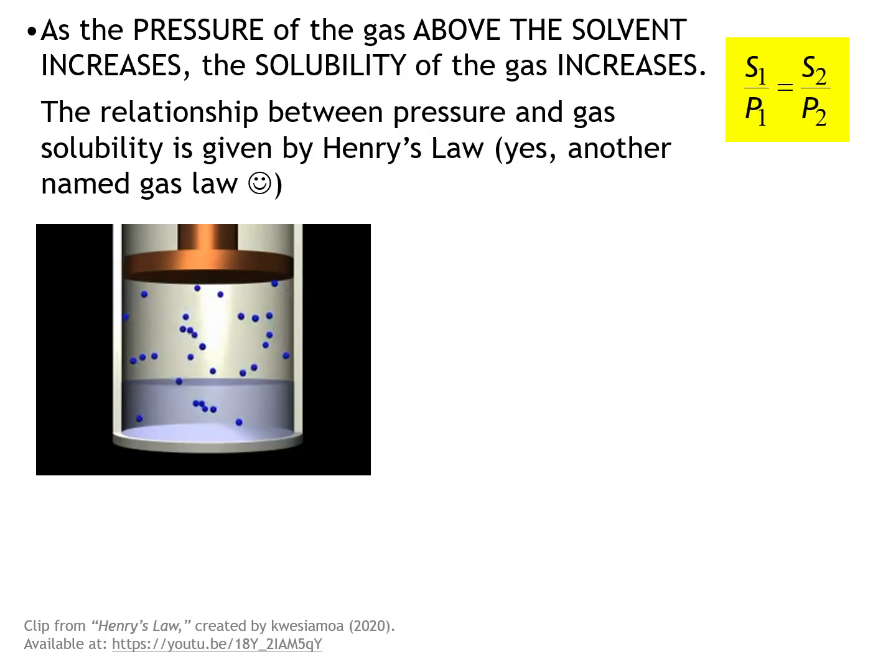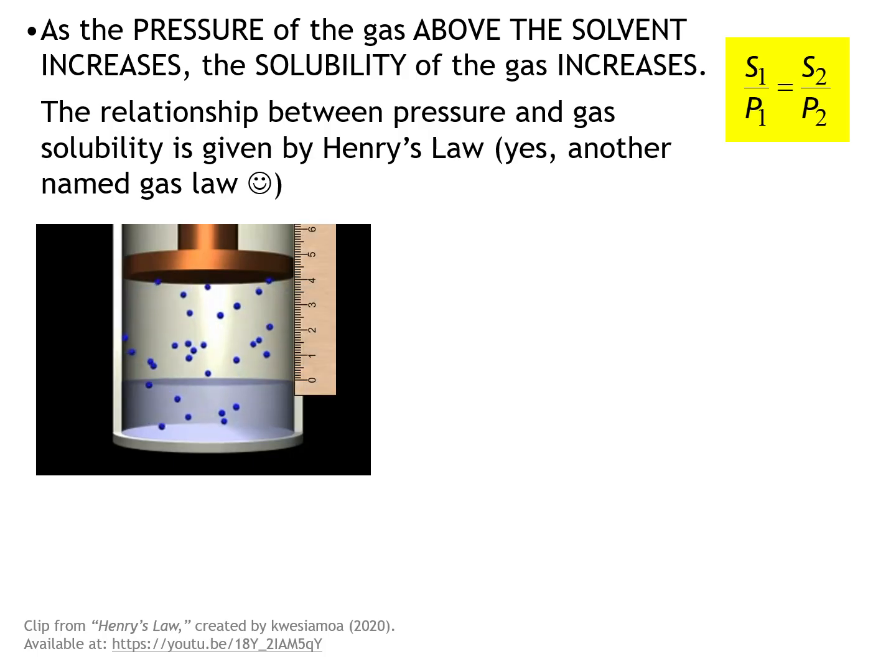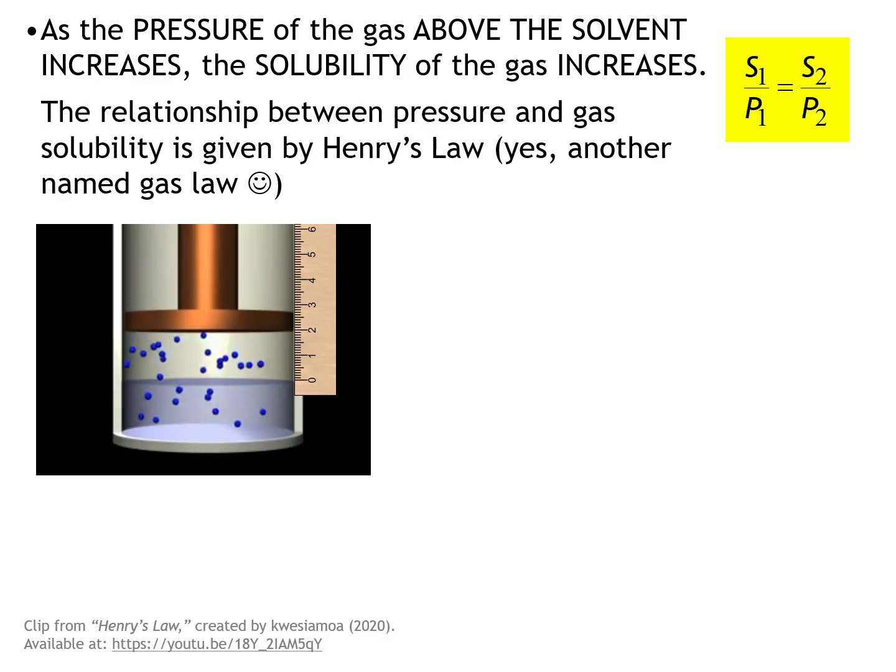I have a media clip that shows a gas in a liquid solvent in a piston chamber, and we allow the piston head to drop, and you can see that the volume of the gas above the liquid solvent is cut in half, which means that the pressure has roughly doubled.